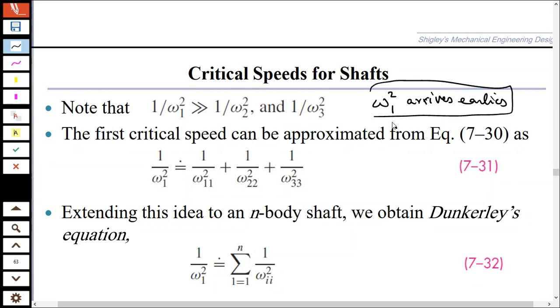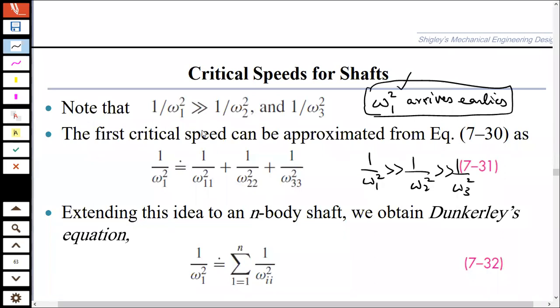Therefore, देखें ओमेगा 1 जो है, what is omega 1? अगर इसका रिसिप्रोकल में ले लूं, राइट, सो दिस इज द फर्स्ट स्पीड विच इज लोअर. तो एक लोअर नंबर का मैं अगर रिसिप्रोकल लेता हूं 1 ओमेगा 1 स्क्वायर, that will be very very less than 1 over omega 2 square, and that will be very very less than 1 over omega 3 square, because the reciprocal of a smaller number is going to be a bigger number.